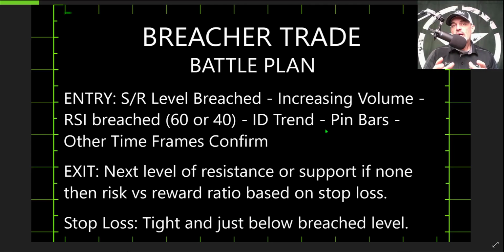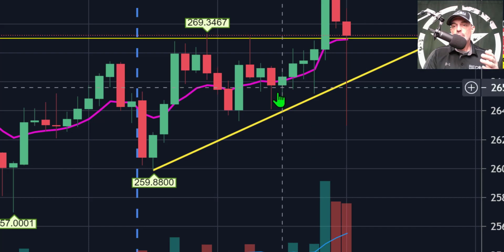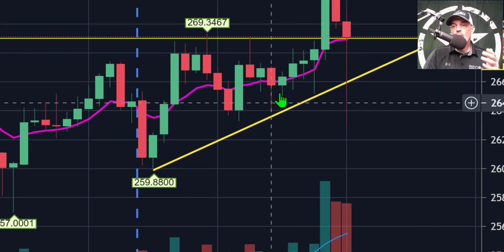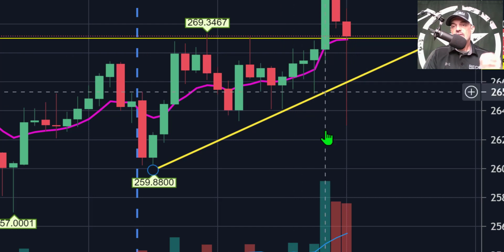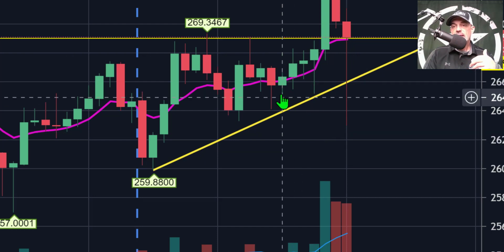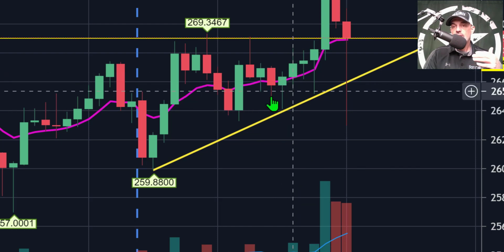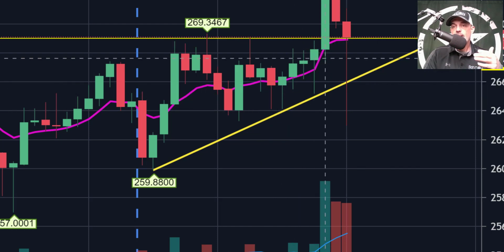Now there is a wide variety of other factors that I could take into account. A lot of times what I look for are pin bars. What pin bars look like are these wicks on the bottom of these candles, fairly long pin-like wicks, and to me that's a pin bar, and that indicates that the sellers are having a hard time keeping the price down because the buyers are pushing that price up.